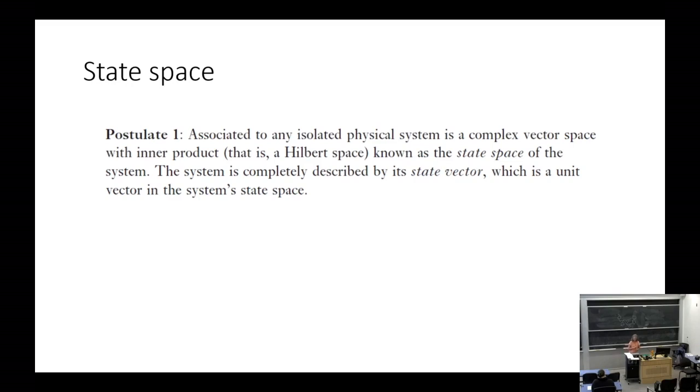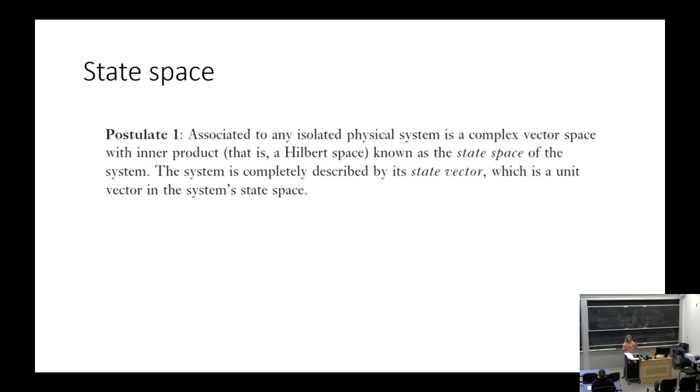So quantum mechanics doesn't tell us for a given physical system what the state space of that system is, and it doesn't tell us what the state vector of the system is. We'll put that into context because we're talking about qubits, and qubits are really the simplest possible quantum mechanical system.